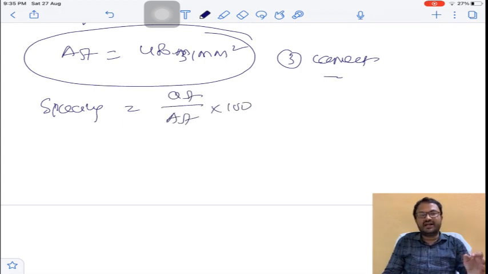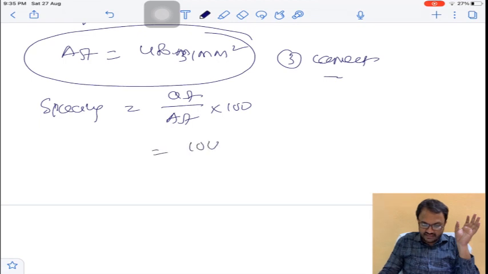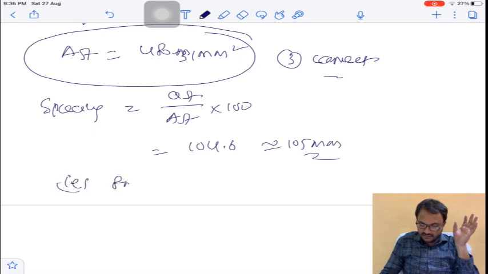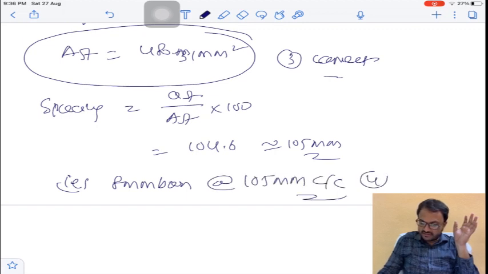Small ast has given diameter as 8 mm. So if you will calculate 8 mm diameter with the total reinforcement spacing, you will get it is 104.6, approximately 105 mm. Okay, so that is 8 mm bars at 105 mm center to center. So statement 4 is correct.